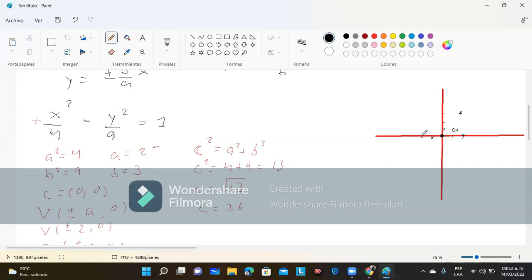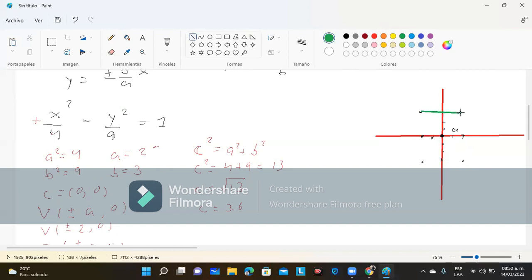So here, also here, and 3 downs, 3 ups, we rise up and we go down also. 1, 2, 3. Okay, and with these points that we have, we're going to have 1 point here and another point right here, another point right here. With this, we are going to make a rectangle.